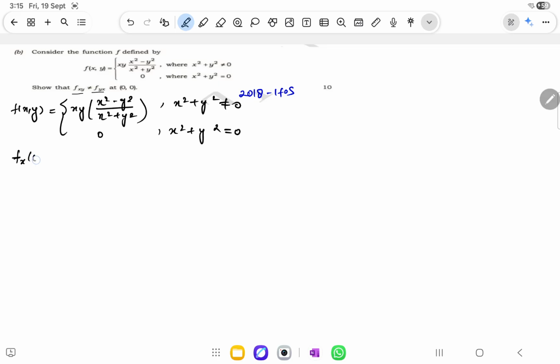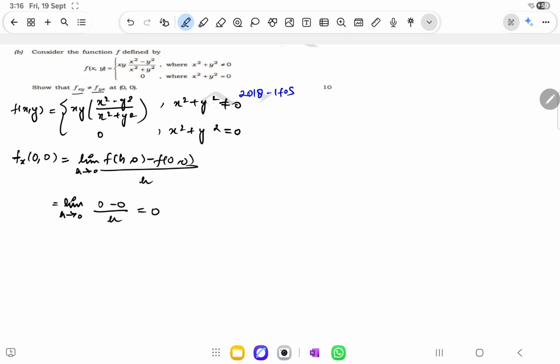So fx at (0, 0) will be basically equal to the limit as h approaches 0 of [f(h, 0) − f(0, 0)] divided by h, and this will be the limit as h approaches 0 of (0 − 0) divided by h, and this turns out to be 0.